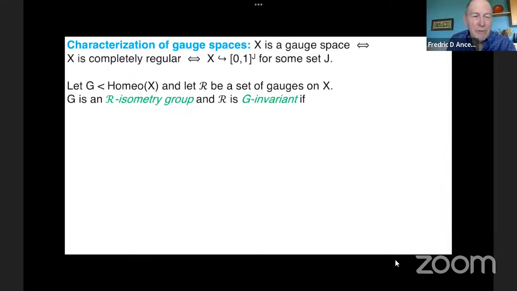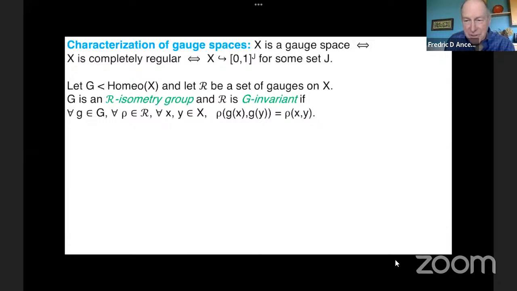In other words, we'll say that the group is an isometry group, and that the set of gauges is G-invariant if all of the group elements become isometries with respect to those gauges. So the question I'm going to explore is, when can we make this happen for a given group?